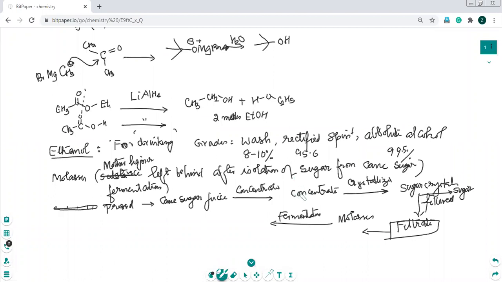People have been drinking for ages together. All these were obtained by fermentation of different fruits. Right now, fermentation of this using yeast is very common.